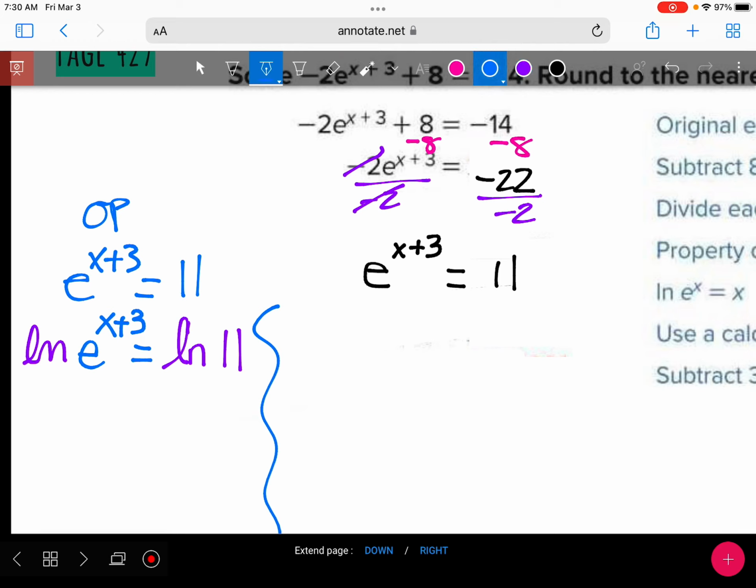The natural log of e, those are inverse operations. They cancel out. So we're left with x plus 3 equals the natural log of 11.